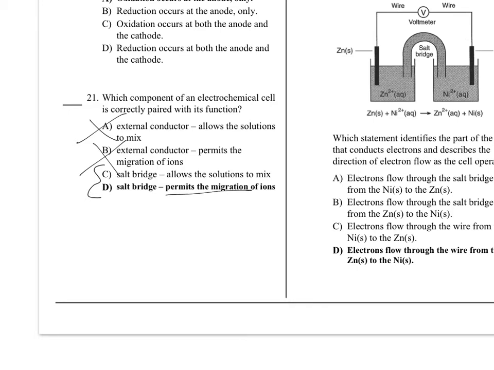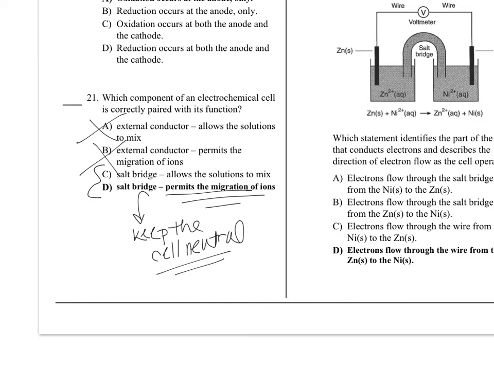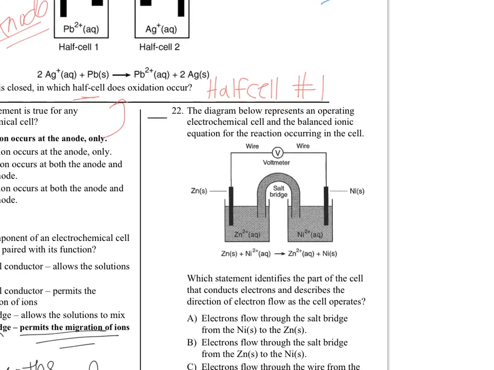Salt bridges permit the migration of ions, and they also keep the cell neutral. There is no fancy thing I can tell you other than to remember that, and to remember that the salt bridge is one of the things that makes our battery work. If you don't have the salt bridge, you don't have anything. So please make sure that you know about the salt bridge.